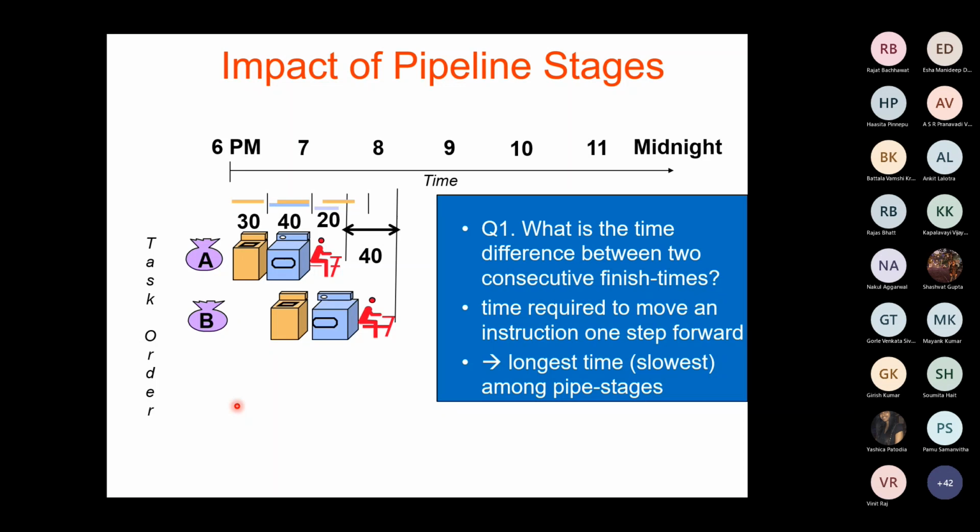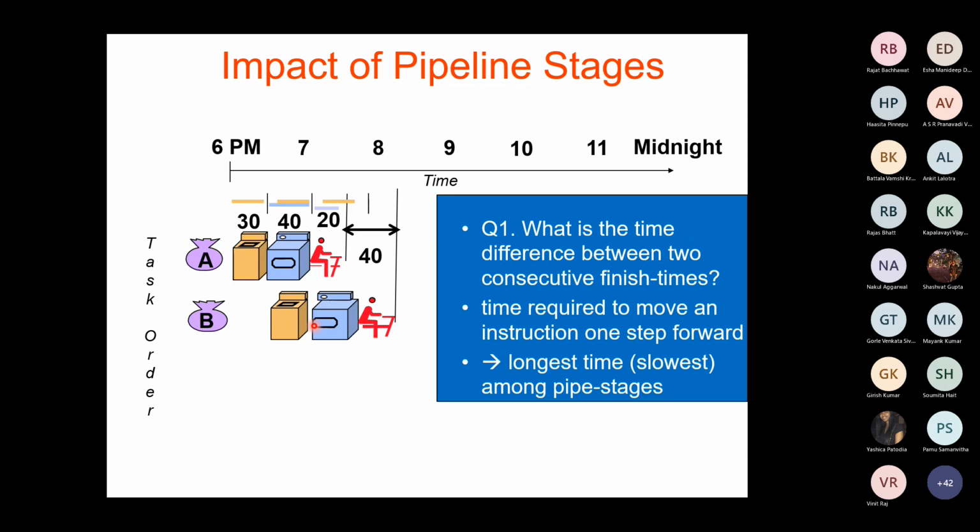So it is the slowest stage which determines this time difference between consecutive finish times. And this determines how the different instructions are getting finished one after another. So initially you have a latency of 90 minutes here, because 30, 40 plus 20. So this is the initial latency.